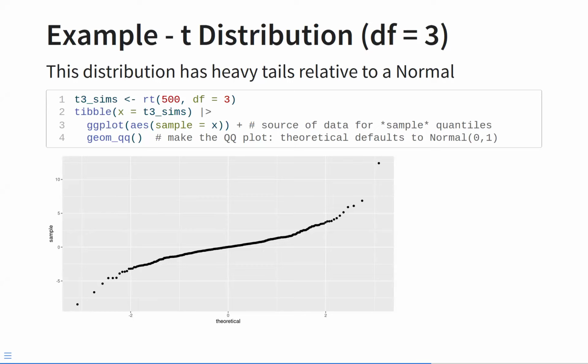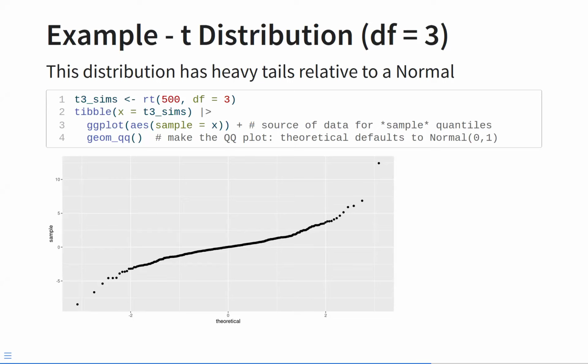The way that I'm going to do this is with the geom called geom_qq, and that geom requires an aesthetic mapping that specifies the source of the sample quantiles. So here I'm saying sample equals x to say, hey geom_qq, you've got to go find the sample quantiles. I called them x, so look for them under the name x.